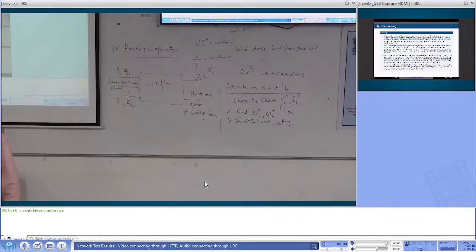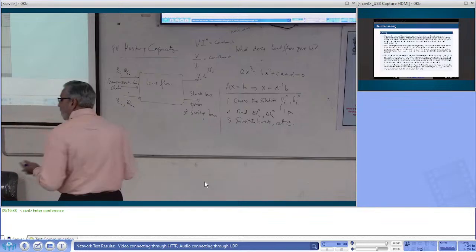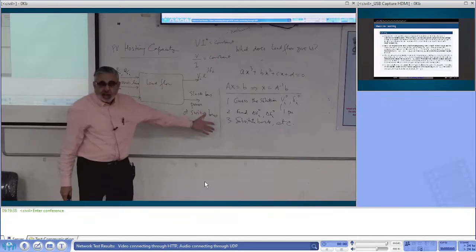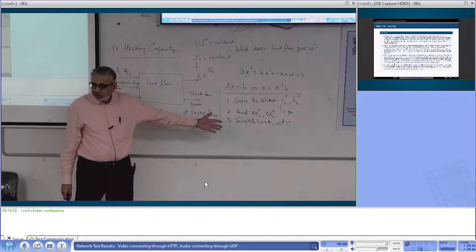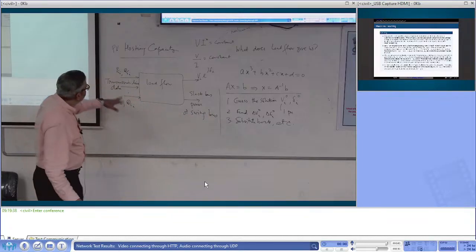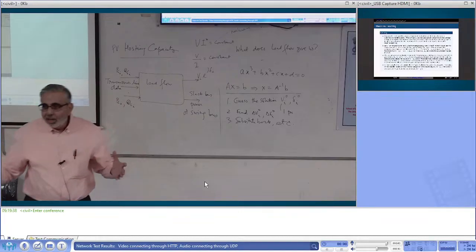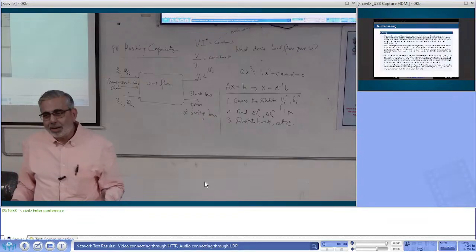Now tell me how machine learning can help me in this process. Hosting capacity evaluation is simply doing this same process 100,000 times, 10,000 times, and finding out voltage levels and making sure they are within the limits. As sir said, current is within the limit. So you have to do this process 1,000 times, and then you have your hosting capacity.